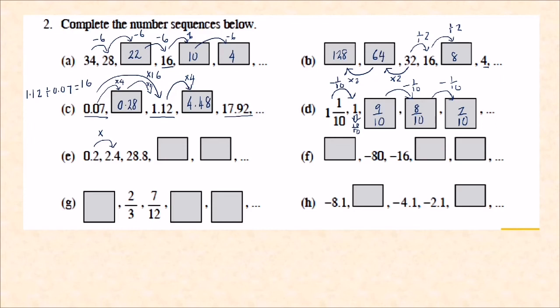What we need to do is 2.4 divided by 0.2. Check. It equals 12. So it means 0.2 times 12 will equal 2.4.